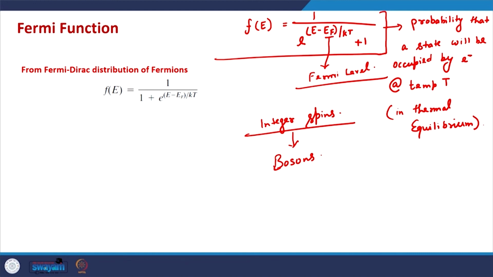Many bosons can occupy the same energy state, and the distribution function is known as the Bose-Einstein distribution function. Let us write this function as F BE, and Fermi Dirac as F FD.